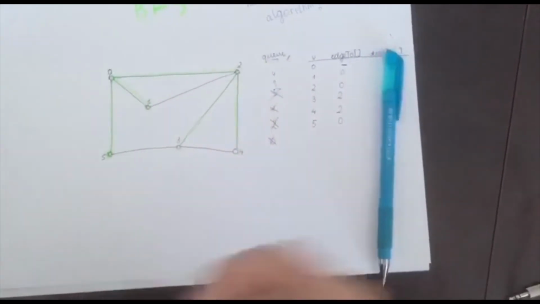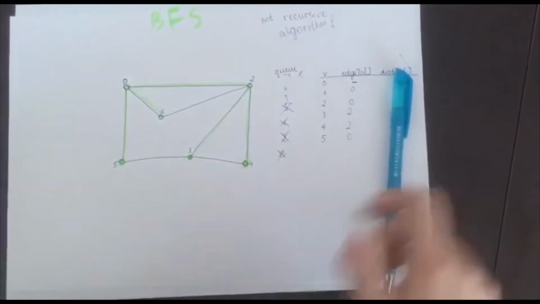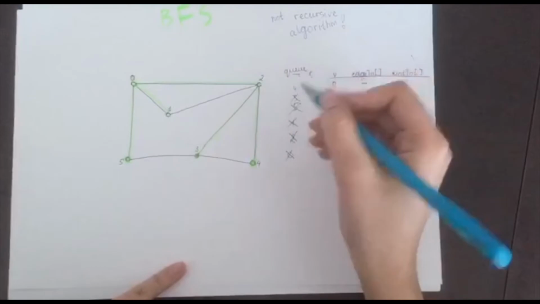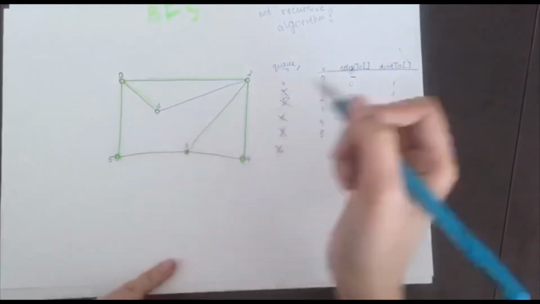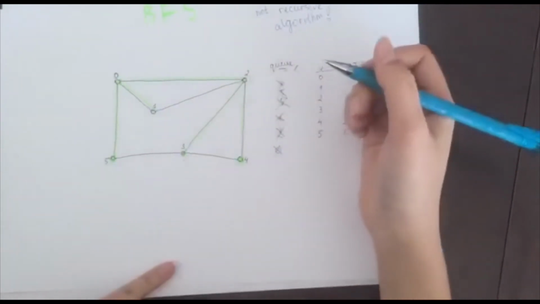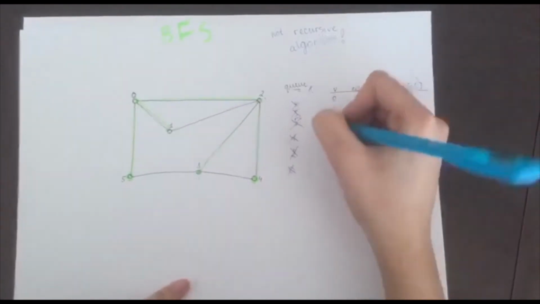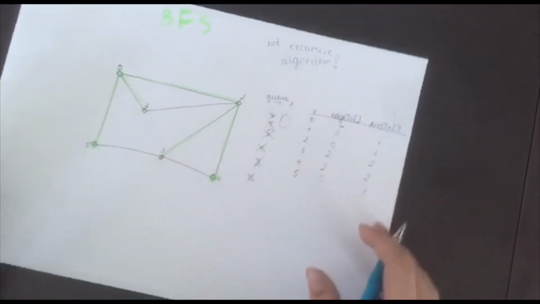They're already marked. We forgot to mark it. Yes. Then we continue with 3. 3 has adjacent 2, 4 and 5, all marked, and 4 has 3 and 2, already marked. So here the queue is empty now, and this is how BFS works.